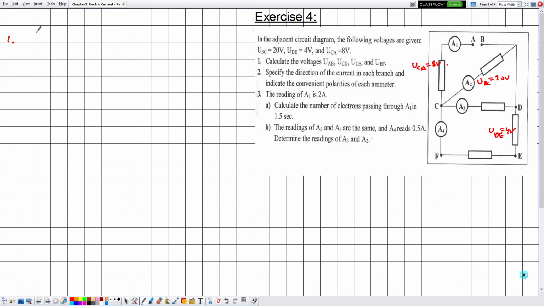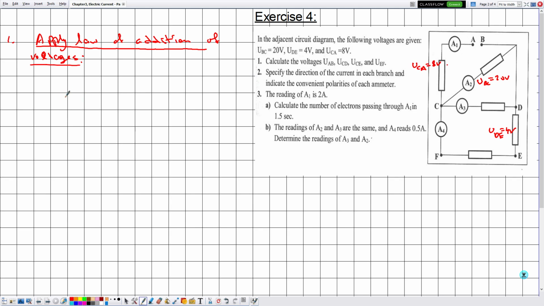So let's apply the law of addition of voltages. How do I apply this law?